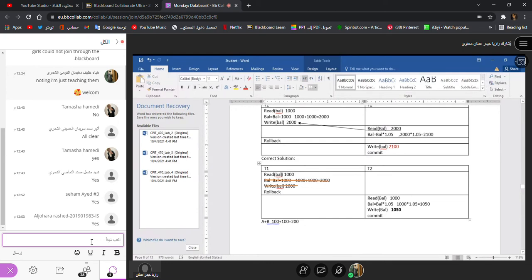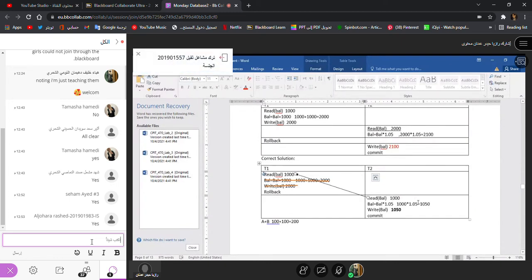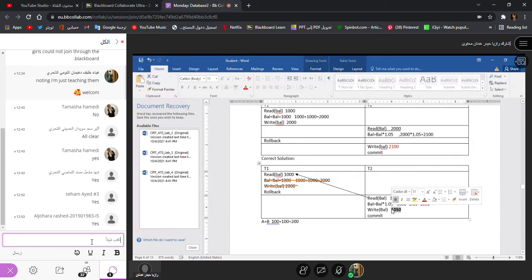When this rolls back, it will read the balance 1000 here. That means now it's reading the right value, not the wrong one, because this one was rolled back and no changes. So now you see, read the balance 1000, multiply by 1050, and then commit. So this is the right value.